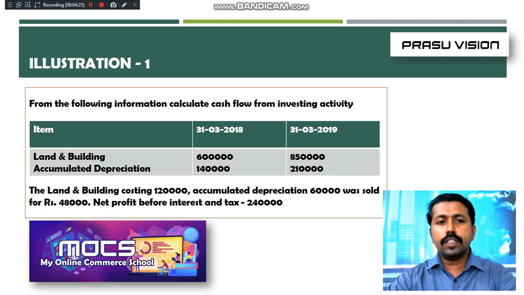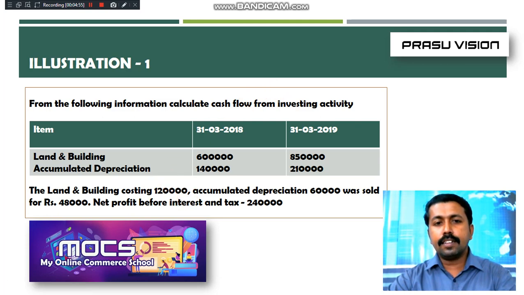Already in the question, some portion of the asset, land and building worth 1,20,000, and its accumulated depreciation of 60,000, was sold for rupees 48,000. So first of all, you have to know whether there is profit or loss. How will we find out the profit or loss? The actual cost of the asset is 1,20,000.